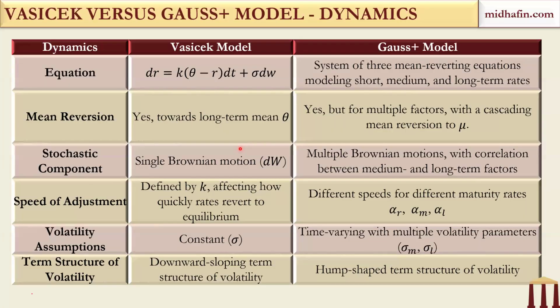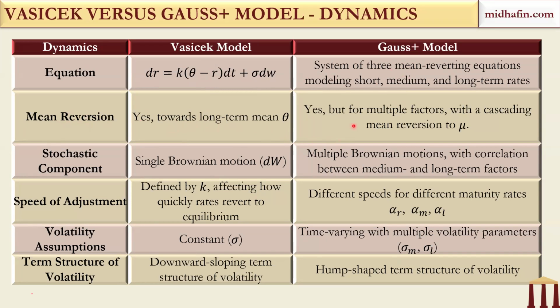We have three slides where in the first one we cover the key dynamics and their distinctions. I mean, we are just comparing them. So we have the equation of the Vasicek model, a single equation, and in this case we had three equations, right? As far as mean reversion is concerned, the Vasicek model assumes mean reversion towards a long-term fixed mean theta.